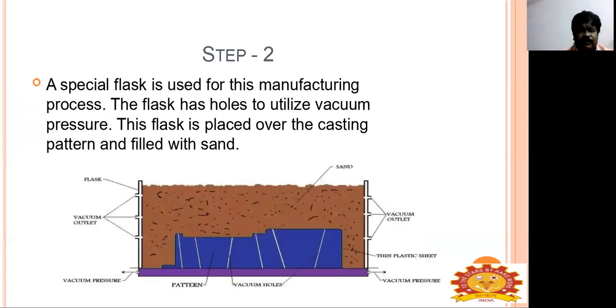Then the special flask we use for this manufacturing process. The flask will have holes for utilizing the vacuum pressure. If we look at the flask in the figure, it will be placed over the casting pattern and filled with sand.